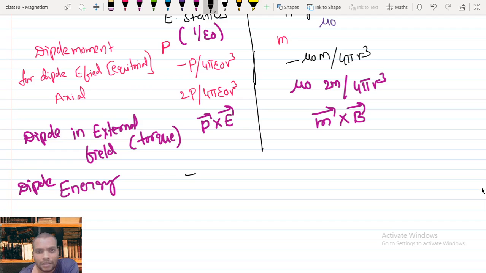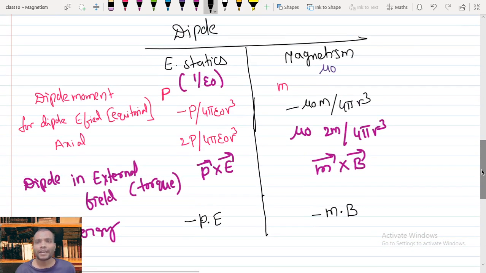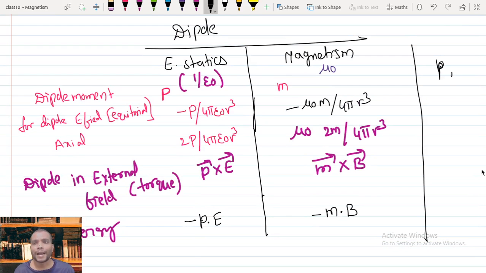Here the formula is minus P dot E, the dot product of dipole moment and electric field, and here it is minus M dot B. If you observe this analogy carefully, everything is a matter of dipole moment P and magnetic moment M, and the only difference is the constants, 1 over epsilon naught in the electric field and mu naught in the magnetic field.